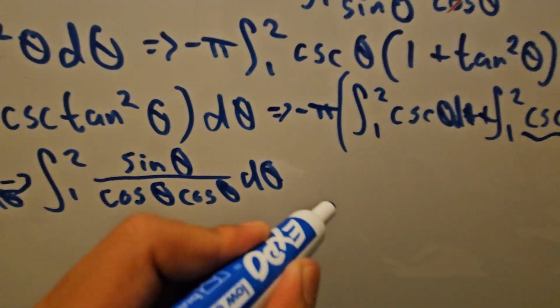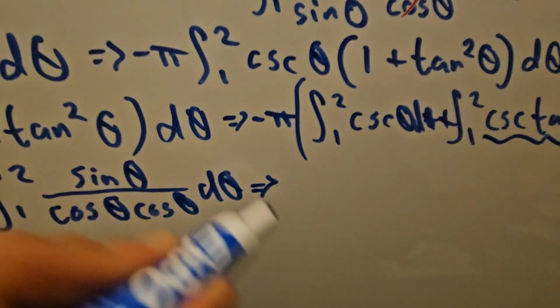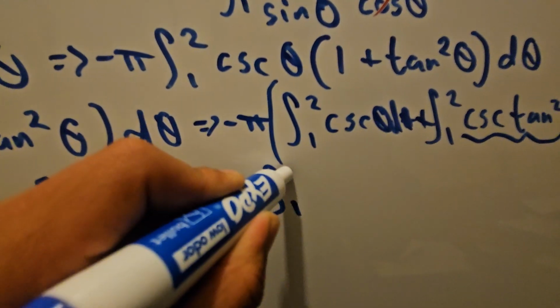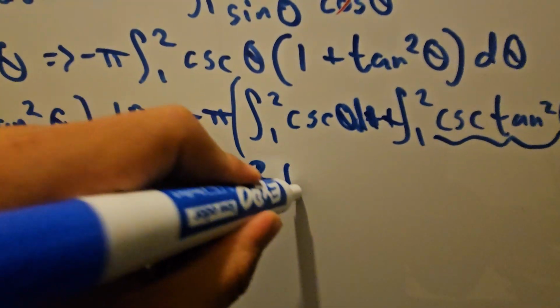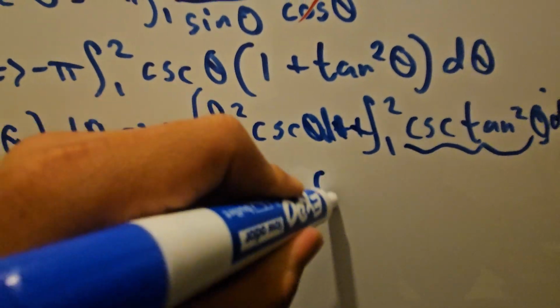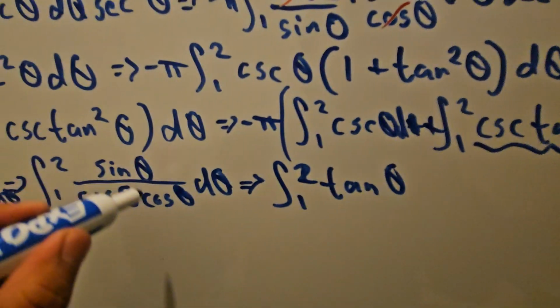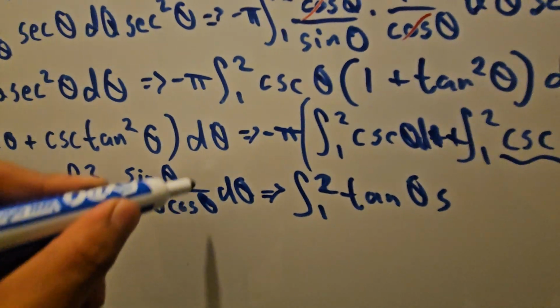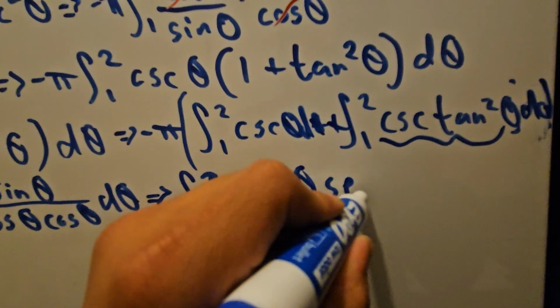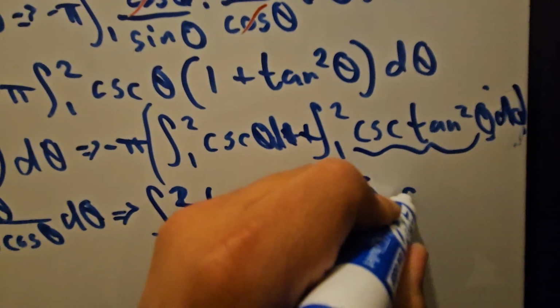So the integral from 1 to 2 of tangent theta times secant theta d theta.